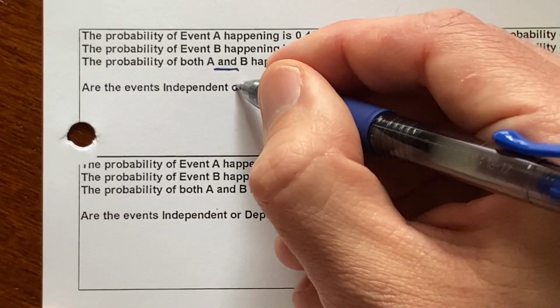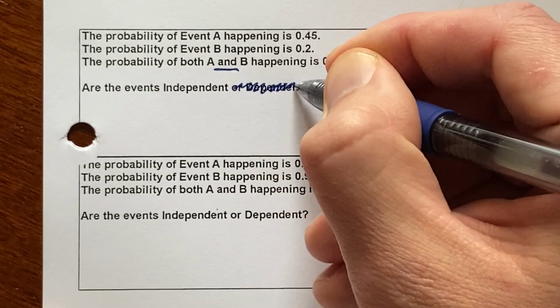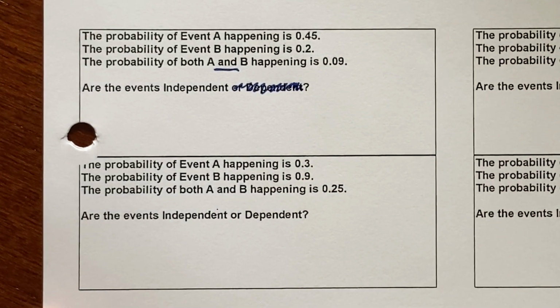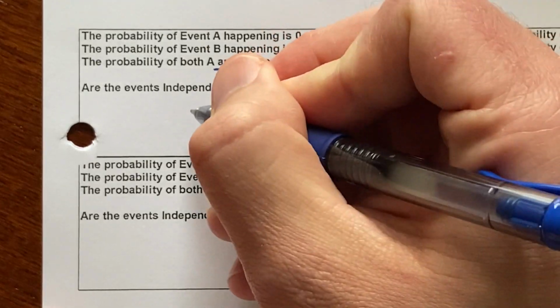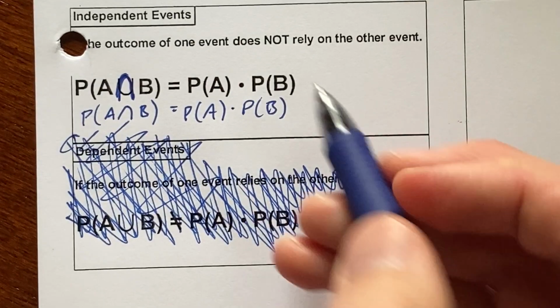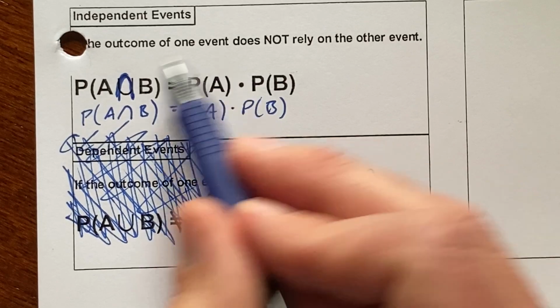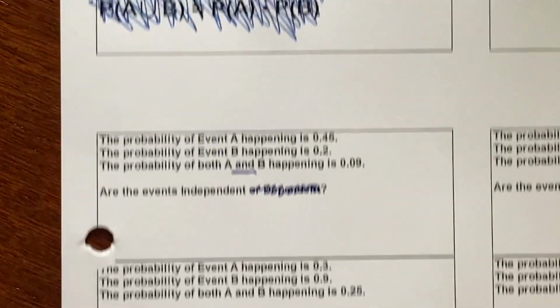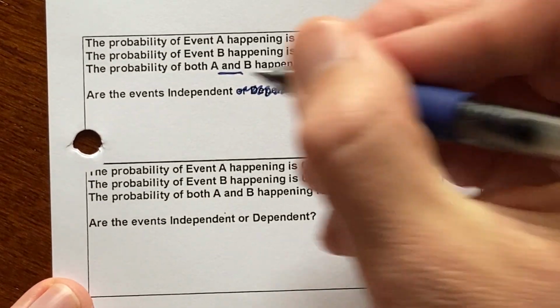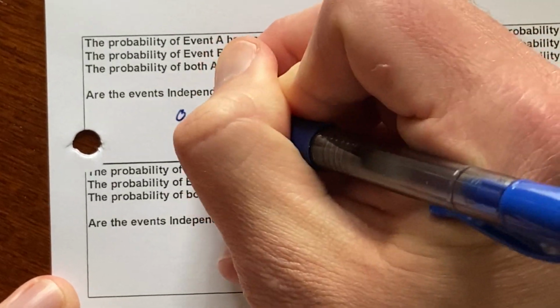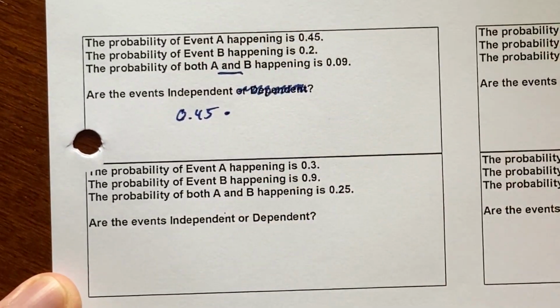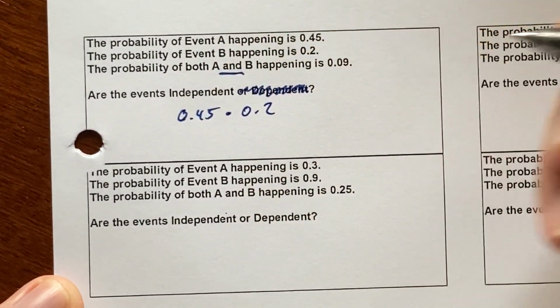Are the events independent? Okay, we're not going to talk about dependent. Are they independent? Well, up there we said if you multiply them and they give you the same thing as both of them happening, then they are independent. So let's multiply these things. Event A is 0.45 times 0.2.